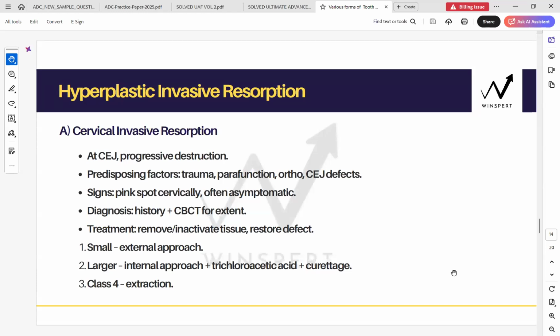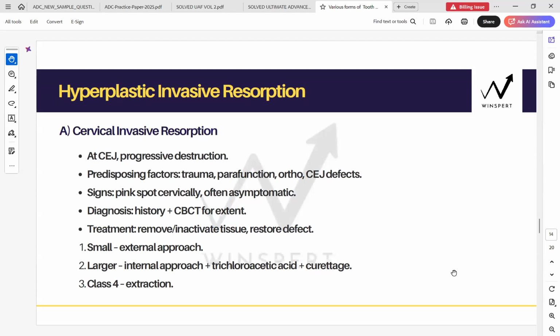The second category was infection induced, which had two types: internal inflammatory and external inflammatory due to infected pulp. Now, this is your third broader category, which has two types. One is cervical and the other is coronal invasive. Okay, so the last two are left. You've held on so well so far. Please maintain this attention and you will learn these two as well.